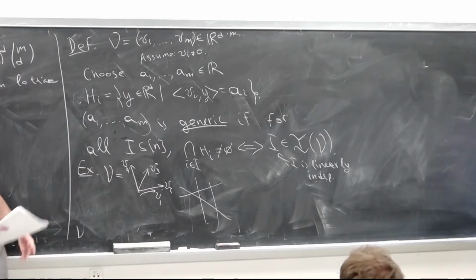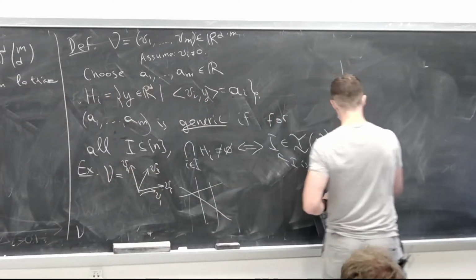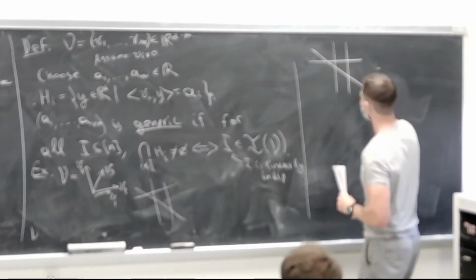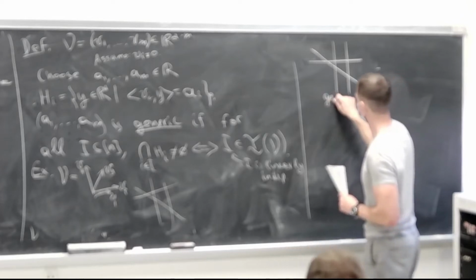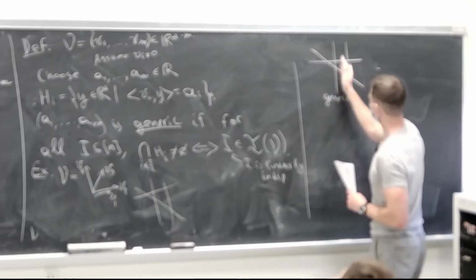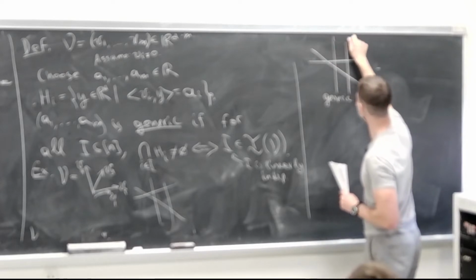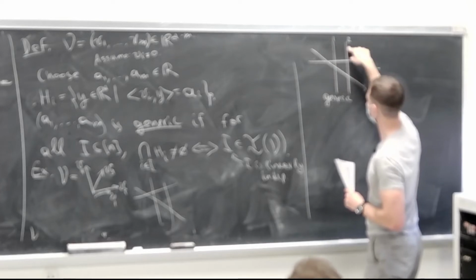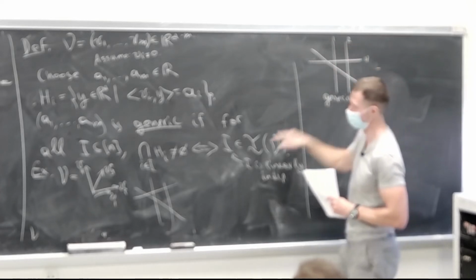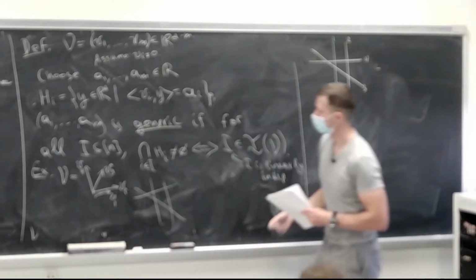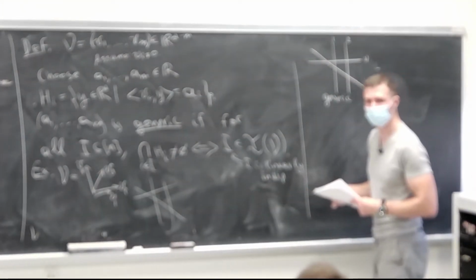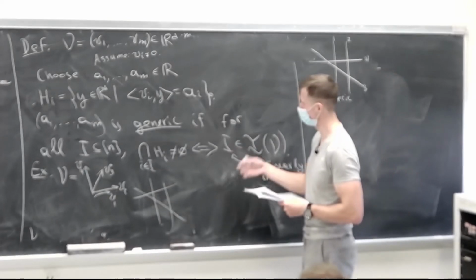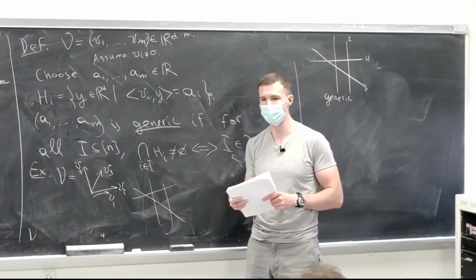Let me do it here. This is generic. If I intersect 1 and 2, I get an empty set, because V1 and V2 are not linearly independent. If these vectors are linearly independent, then you definitely get a non-empty intersection.